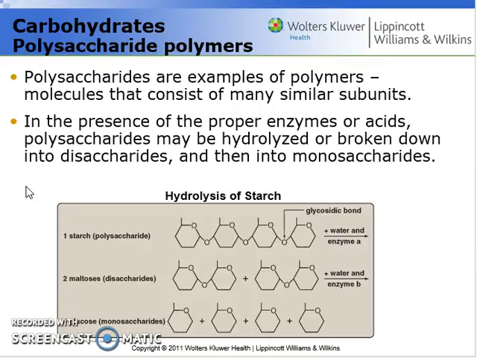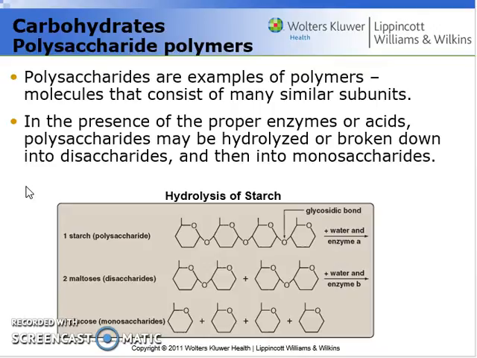Now, just like we talked about with disaccharides, when you have certain enzymes or water molecules present in the system in which your polysaccharide is, those things can act on the polysaccharide and start to break it down. So in this image, you can see that the first molecule is a starch molecule.